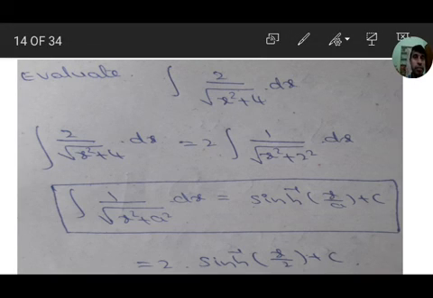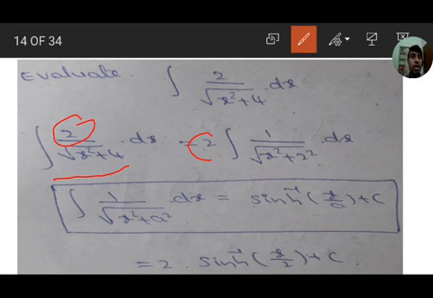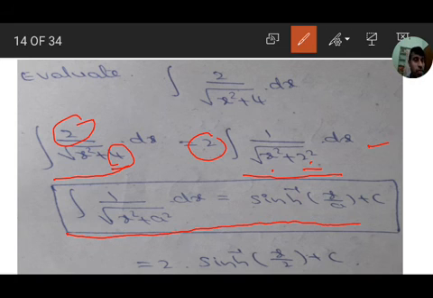Next, integration 2 by square root of x square plus 4 dx. So integration 2 by square root of x square plus 4 dx equal to 2 is the coefficient outside, integration 1 by square root of x square plus 2 square dx, since 4 can be written as 2 square. So it is of the form x square plus a square, a equal to 2. Integration 1 by square root of x square plus a square dx equal to sinh inverse x by a plus c.